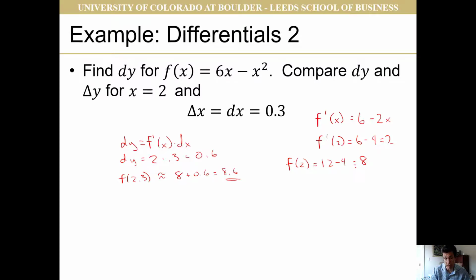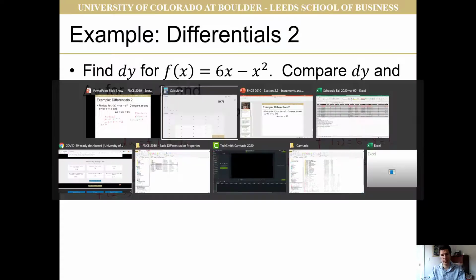So that's our approximation. Let's calculate f of 2.3 just to see what it is. Again, I need my calculator. 6 times 2.3 minus 2.3 squared equals 8.51.